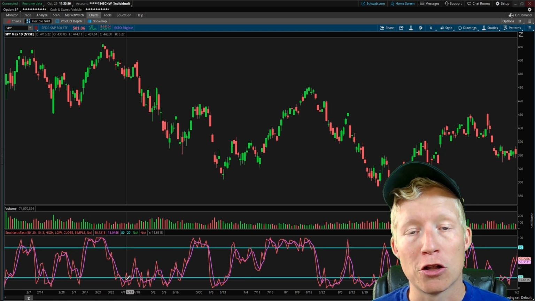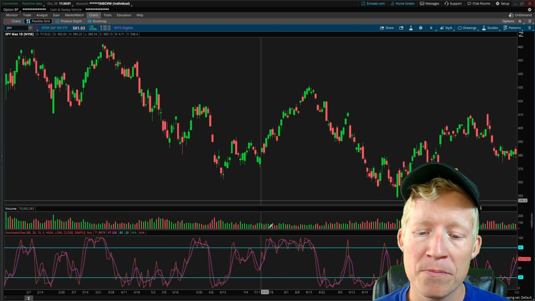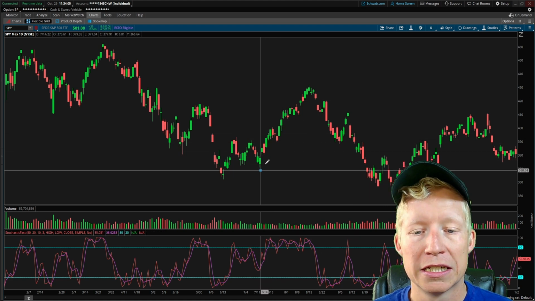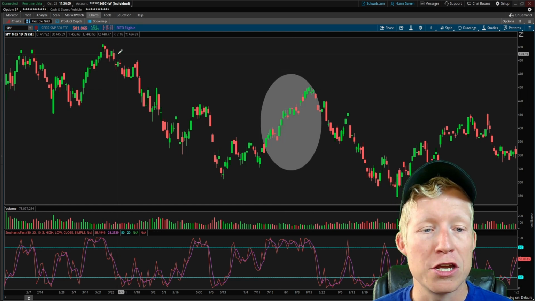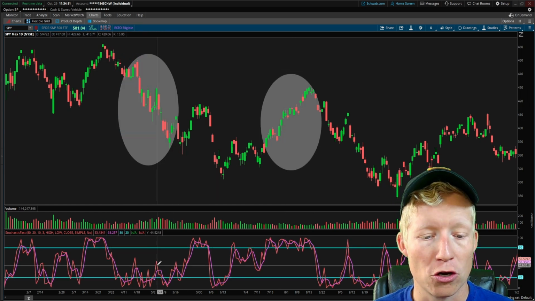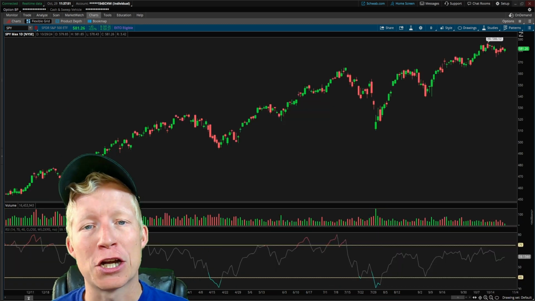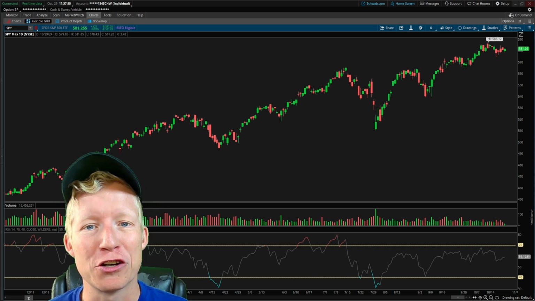Basically, if the value is low, stock direction is likely to be down. If the value is high, stock direction is likely to be up. You notice that to be true here with this up move, and you notice that to be true here with this down move.